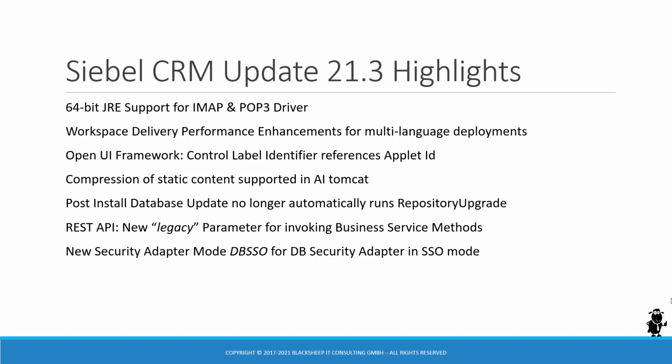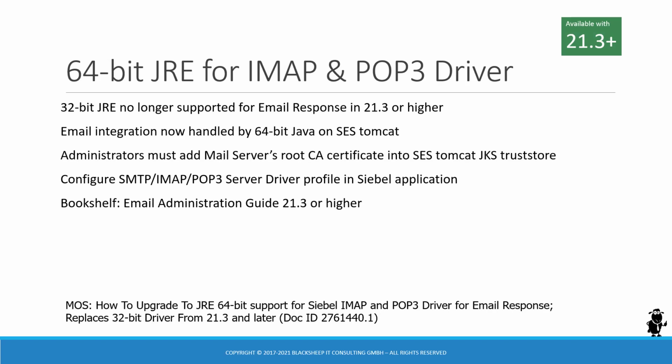We'll take a look at that. And a change in the security adapter. If you run the database security adapter in SSO mode, there's a new security adapter mode value, DBSSO, that you need to set for your components. So there's plenty of new features and enhancements in 21.3, so let's take a closer look.